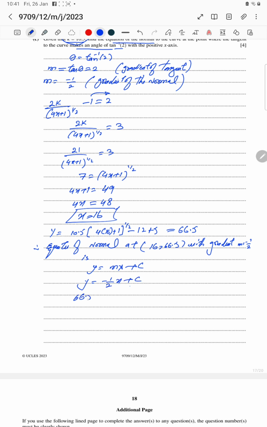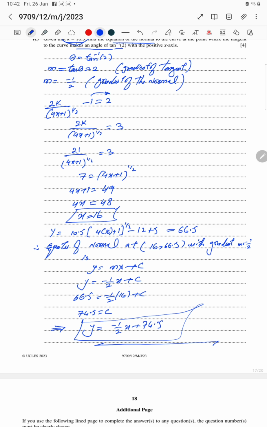So 66.5 is equal to minus 1 by 2 times 16 plus c. 74.5 equals c. So we can write the final equation as y equals minus 1 by 2 x plus 74.5. This will be the final answer for the final question of this paper.